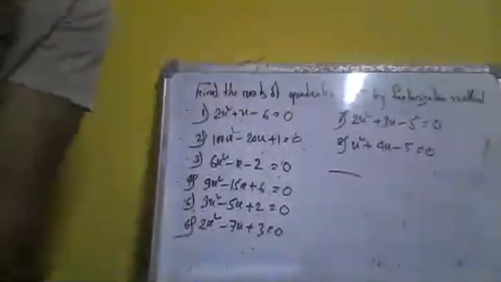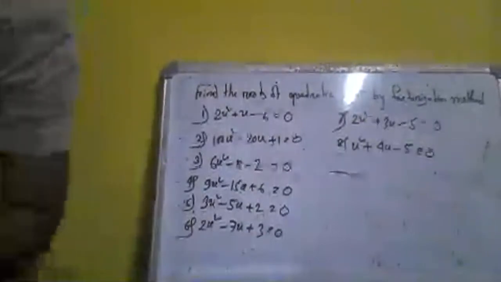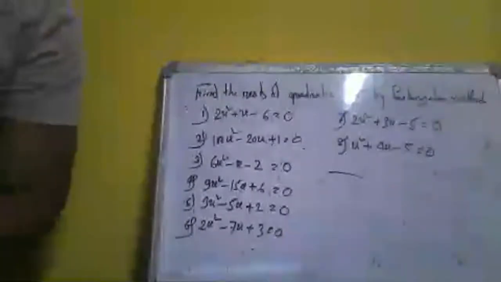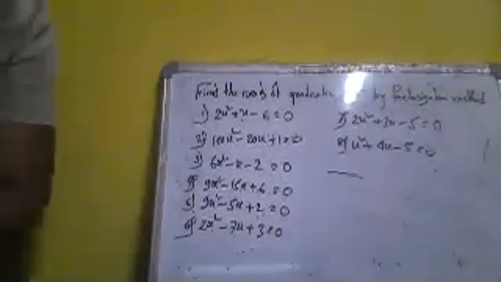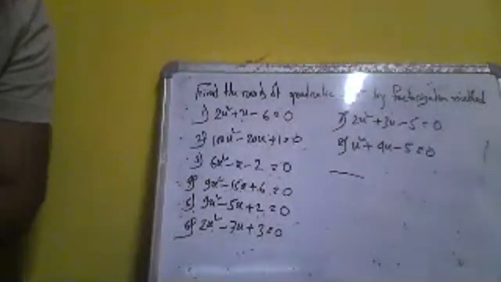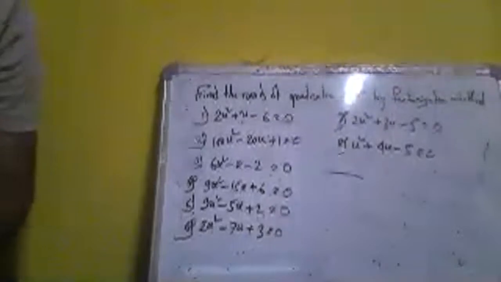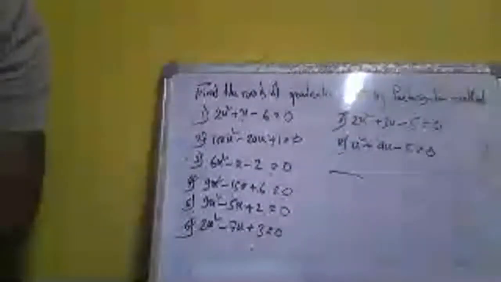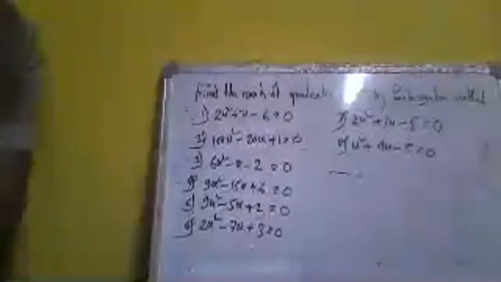Then we know there are 3 methods to solve a quadratic equation: factorization method, completing square method, and formula method. And today we did the factorization method. Understood now? Okay.